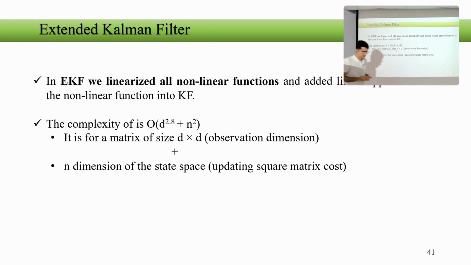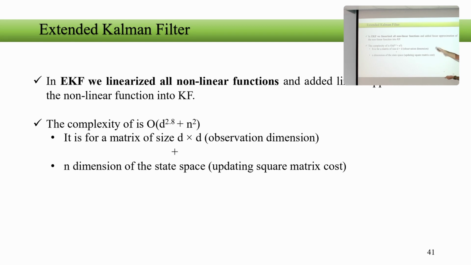Here we say, okay, in the extended Kalman filter, we linearize all nonlinear functions and add a linear approximation of the nonlinear functions, so the time complexity is O(d^2.8) added by n squared. So what does it mean? It means that for d^2.8, we need matrix operations, and a matrix operation of size d times d costs us d to the power of 2.8.